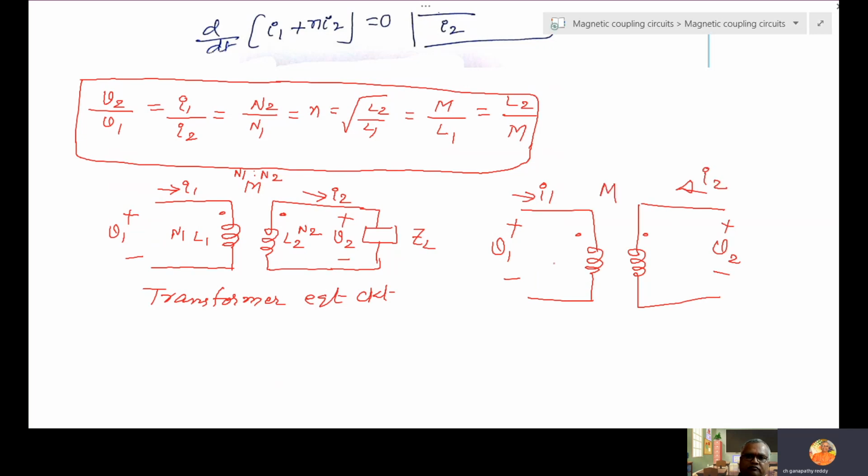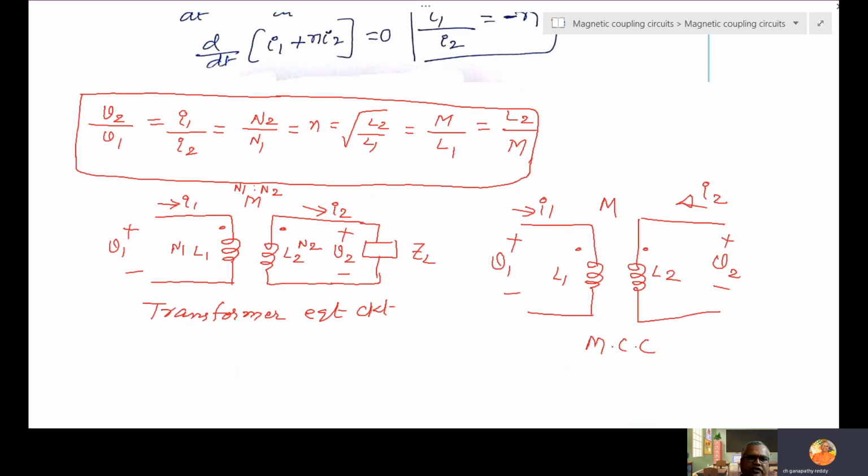So M, L1, L2: this is the magnetic coupling circuit. But here I2 is leaving from the dot, while in the coupling circuit I2 enters at the dot. This is the basic coupling. Change it to a transformer, because in a transformer we don't apply sources on both sides. Power is applied in the primary, and that power is transferred to the secondary with the principle of the coupling circuit only.